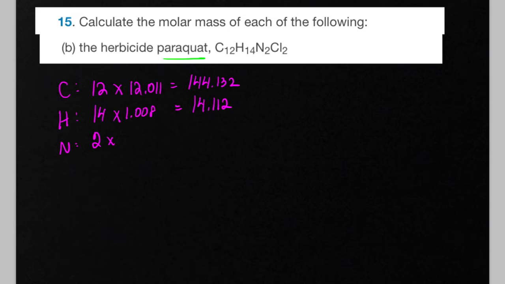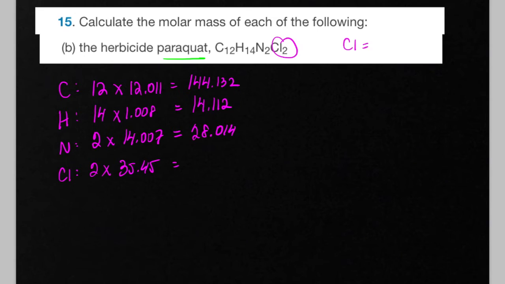Okay, it's got 2 nitrogens. So you got to find all these elements on your periodic table. And we're multiplying them by the subscripts. And remember, if there's no subscript found, the subscript is assumed to be 1. We've got 2 chlorines.